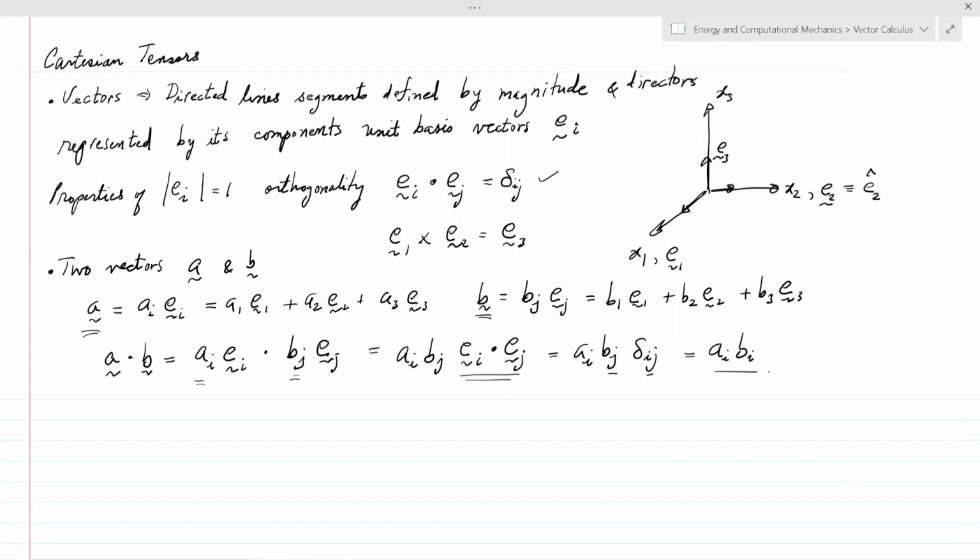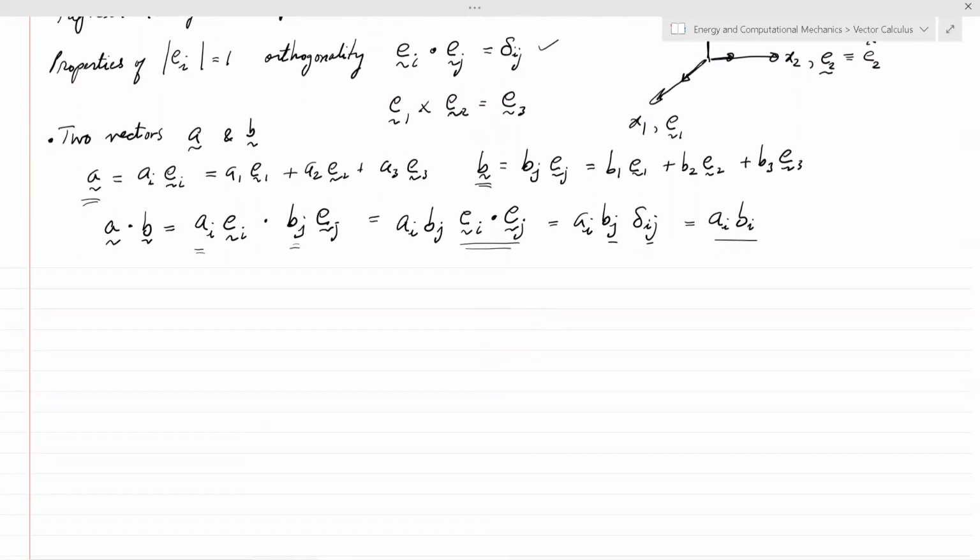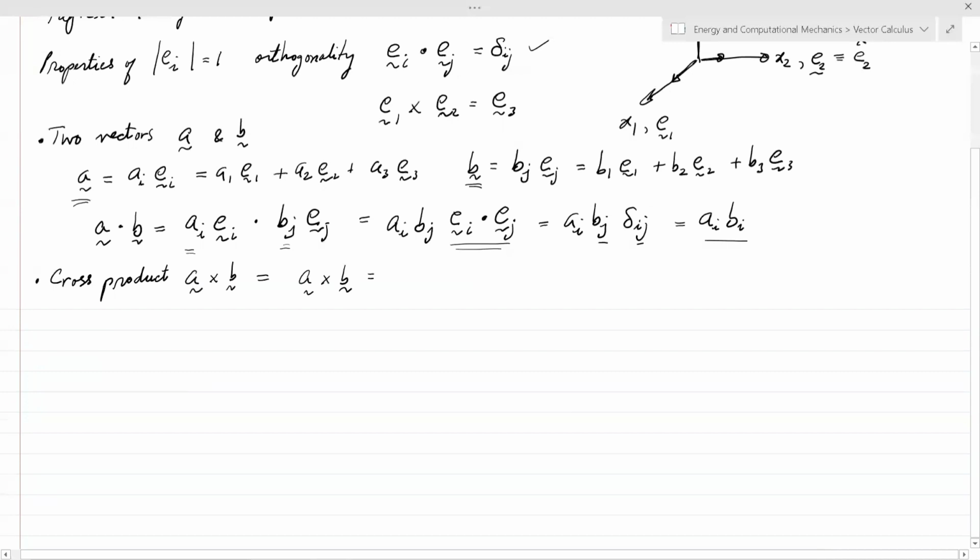So if I want to find the cross product now of the two vectors, A cross B, then the formula for that can also be found. The formula for that is A cross B, which is equal to, I'm going to get A_i B_j, right?